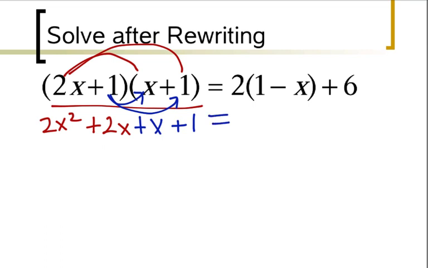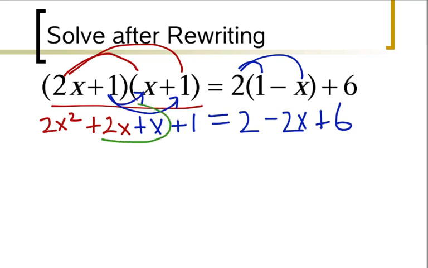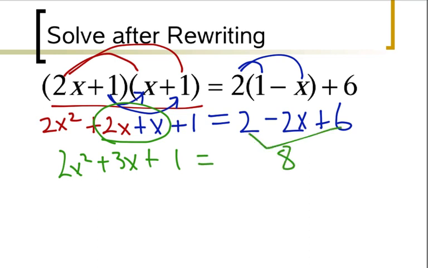Now on the right hand side, I'm going to go ahead and distribute the 2 to make 2x minus 2, and then the plus 6 comes down, and then I combine my 2x's on the left hand side to get 3x, so 2x squared plus 3x plus 1 equals, I'm going to combine the 2 and the 6 to make 8, and the negative 2x in front of that.